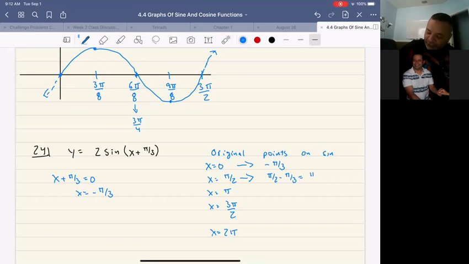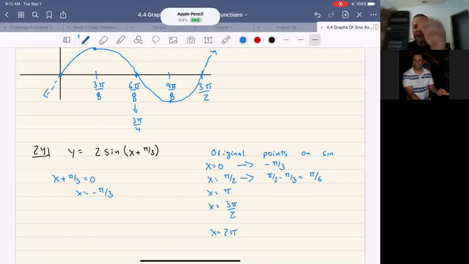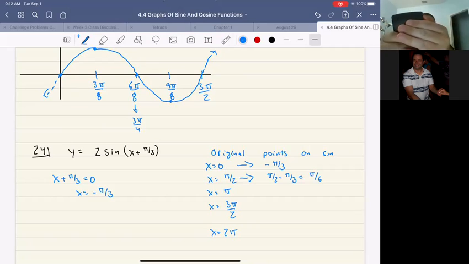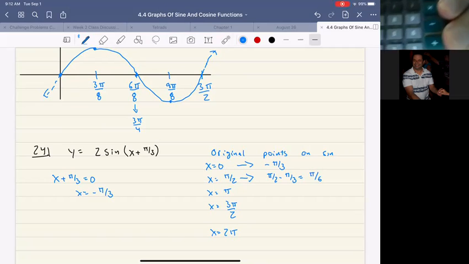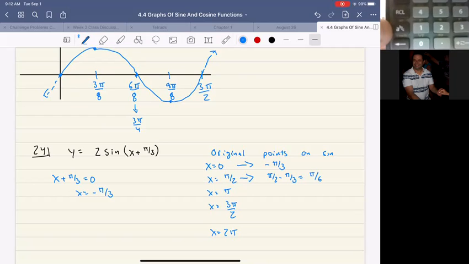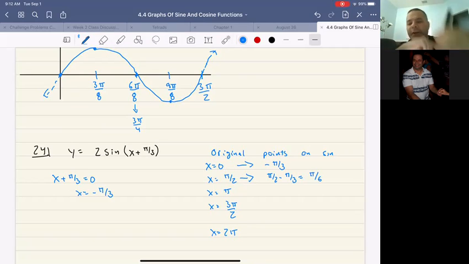Pi over 2 minus pi over 3, that's pi over 6. By the way, these calculators, the TI-30X8, can do fractions. There's a little button right down there. You see me pointing to it. That's a fraction button next to the 1.